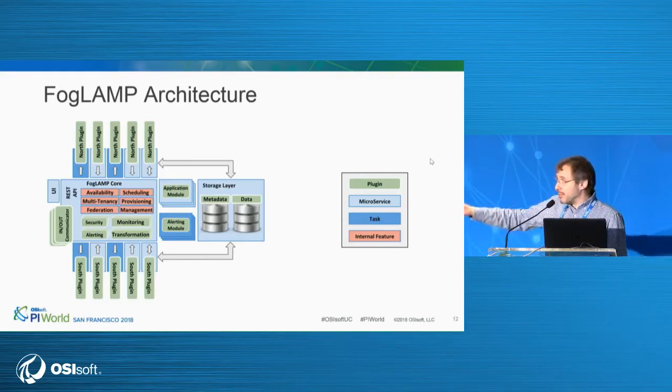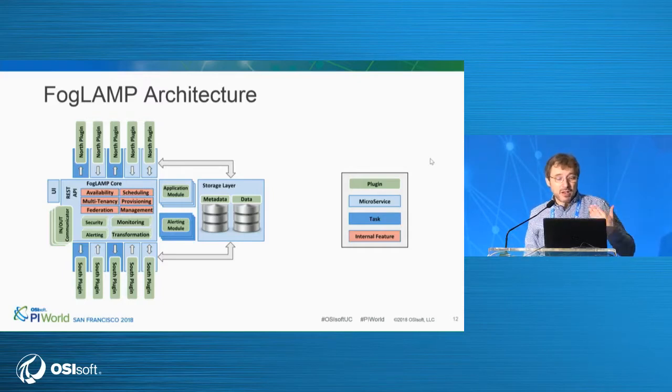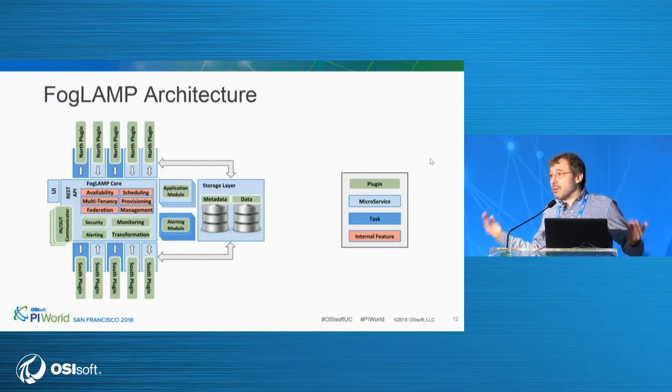In the middle layer, you have a core structure that takes care of all the basic elements like monitoring, checking availability, scheduling, and provisioning of the system, but also a storage layer that is used for buffering data. So if you are in a remote location and you don't have connectivity, clearly you need something to keep the data there until you can finally send it to a Pi system.